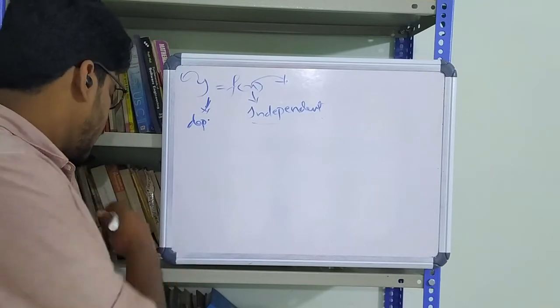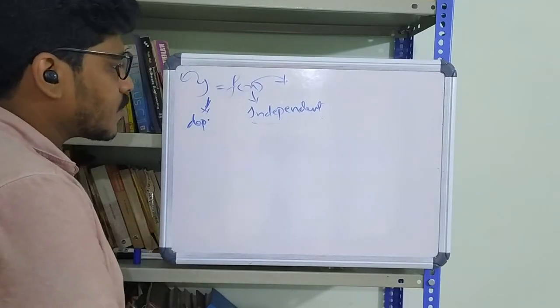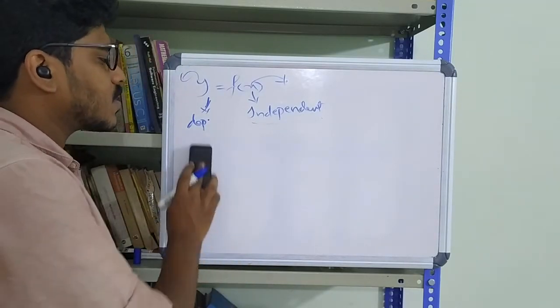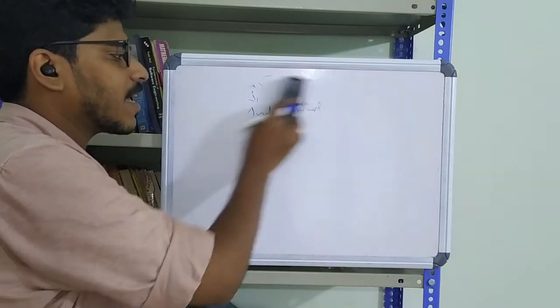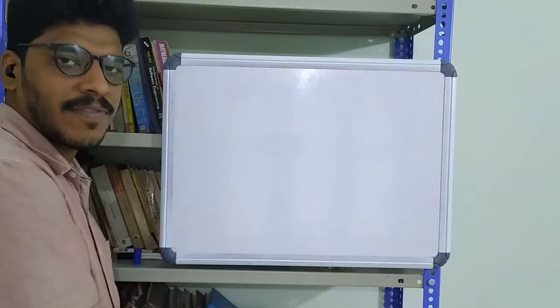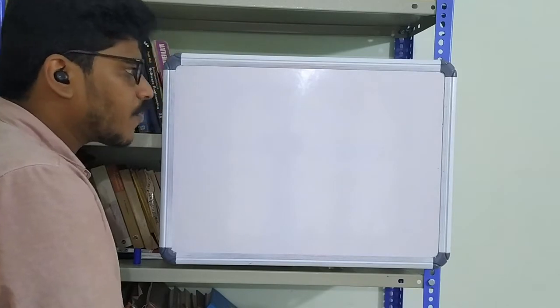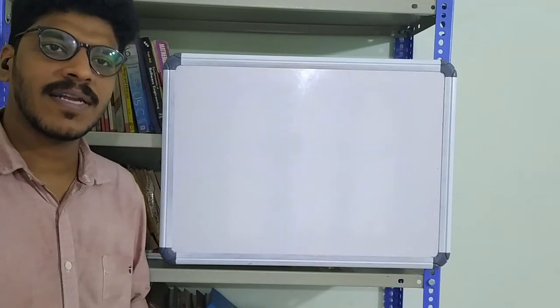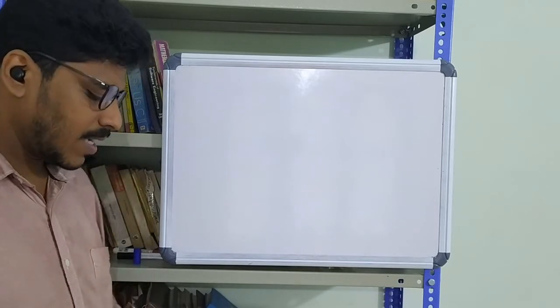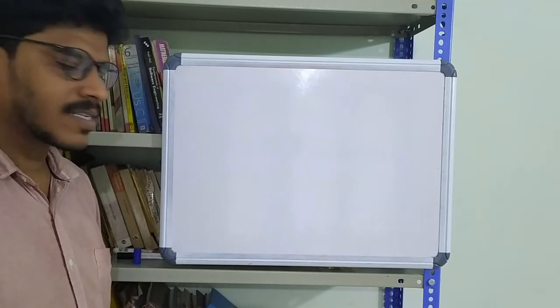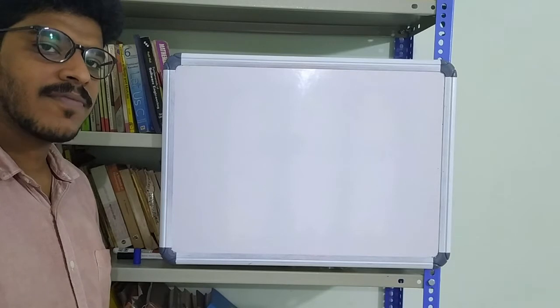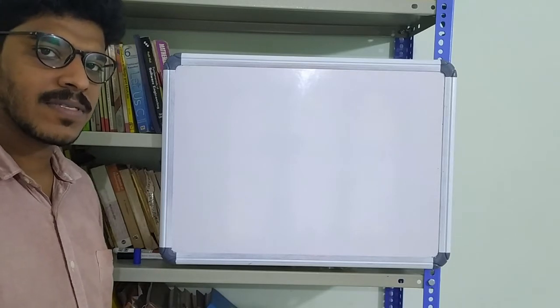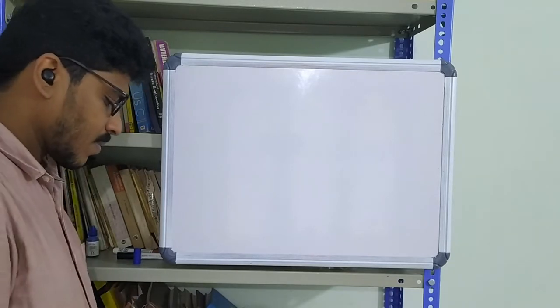So now we are going to discuss such functions where we have more than one independent variable. For now, we are not discussing functions with more than one dependent variable, but let's consider certain functions with more than one independent variable.